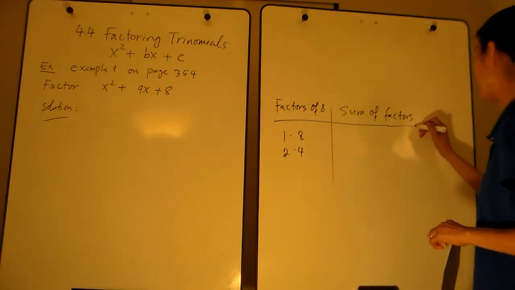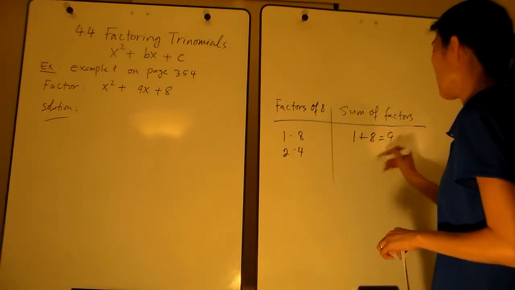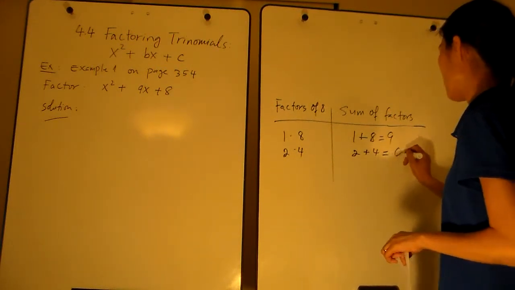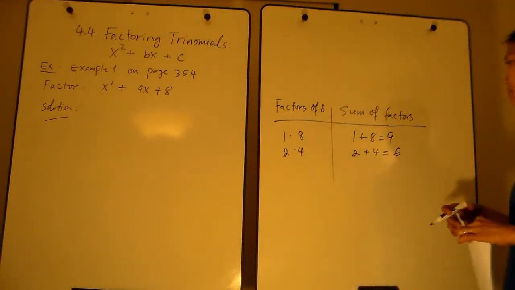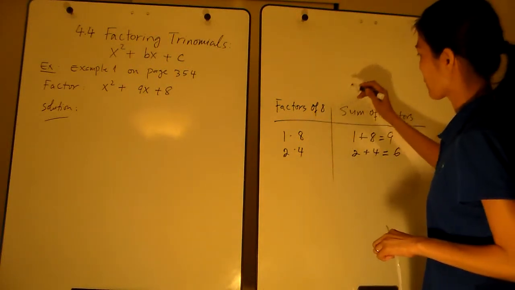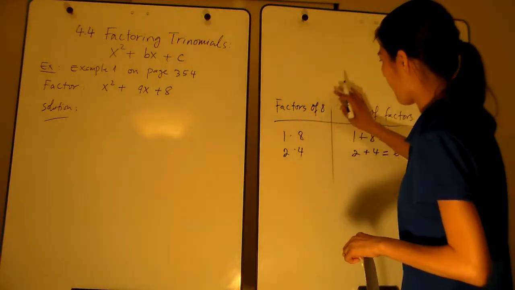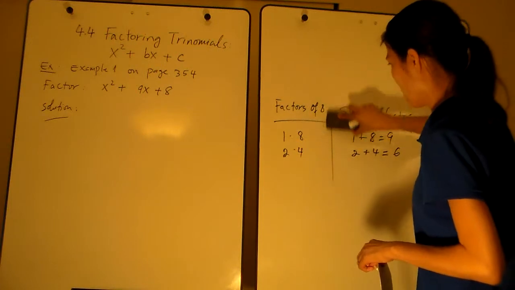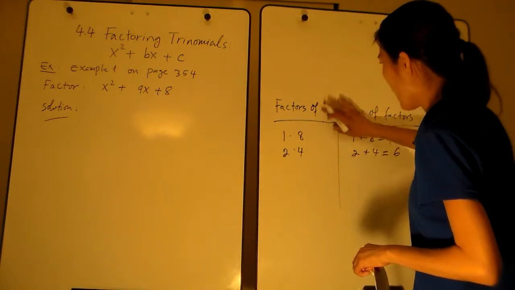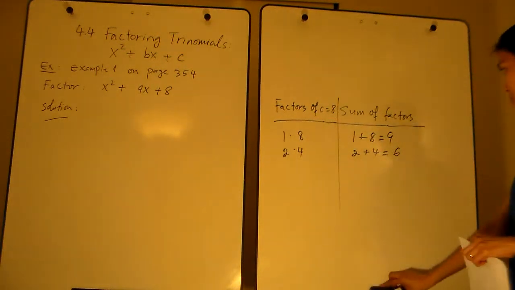So 1 plus 8 is what? 9. How about 2 plus 4? It is 6. Now this is the factors of 8, and 8 is c, okay? Factors of c, right? This is the sum of factors, okay?